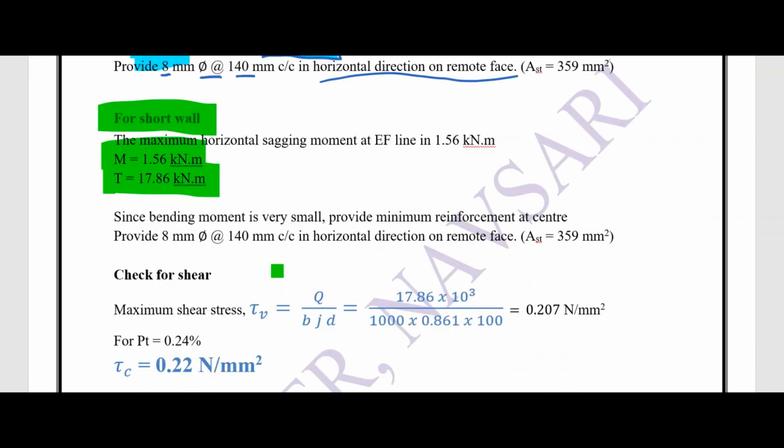Neglect it means we don't have to calculate all the data for AST1 and AST2. We just provide a minimum reinforcement here. So providing minimum reinforcement 8 mm dia at 140 mm center to center in the horizontal direction on the remote face. So our design of long wall and short wall is completed.